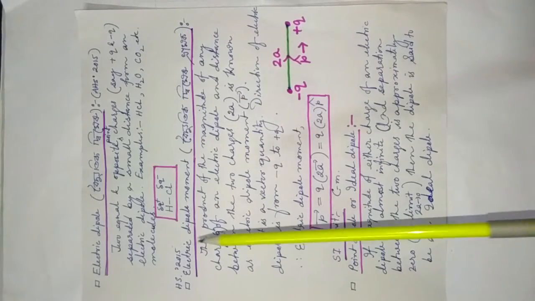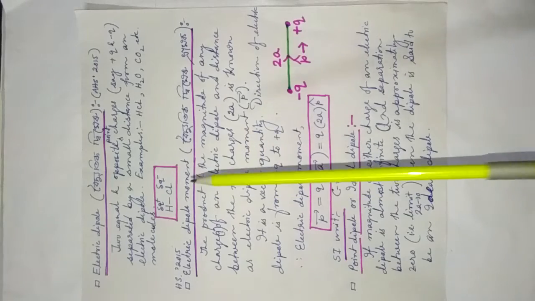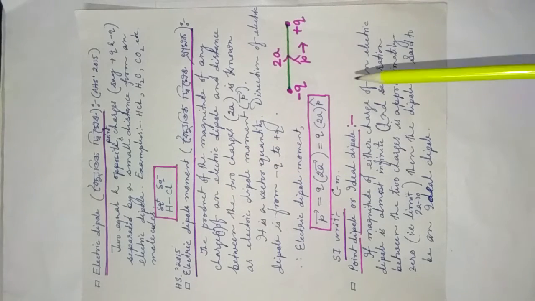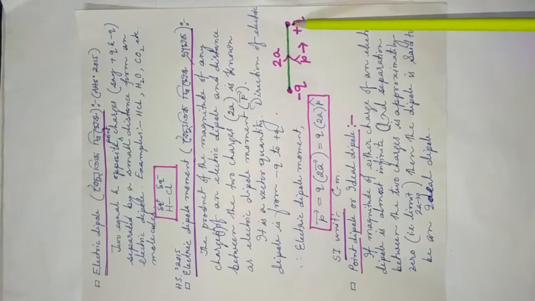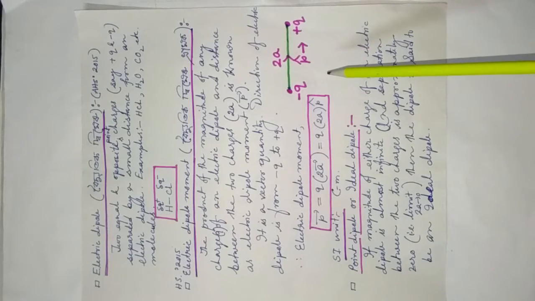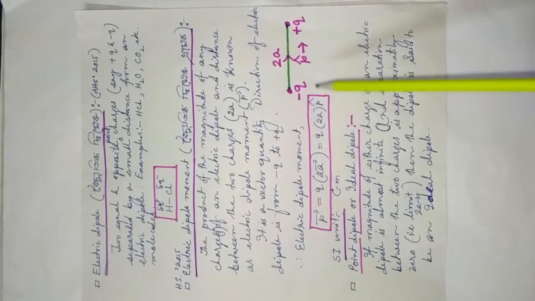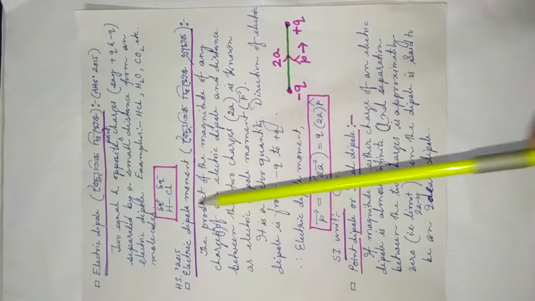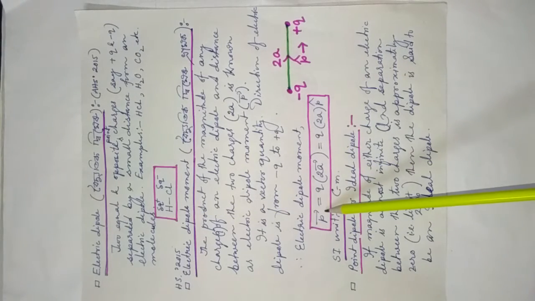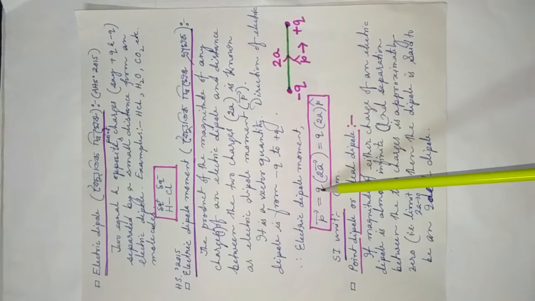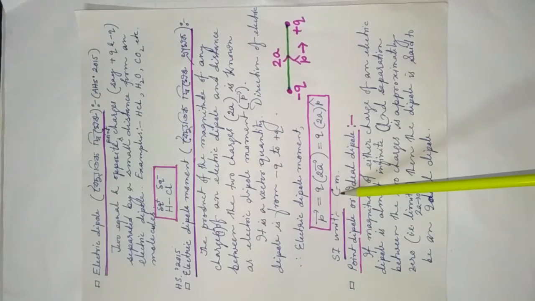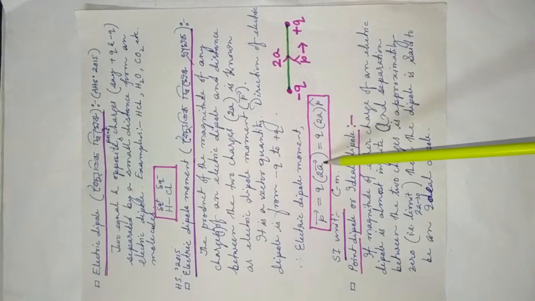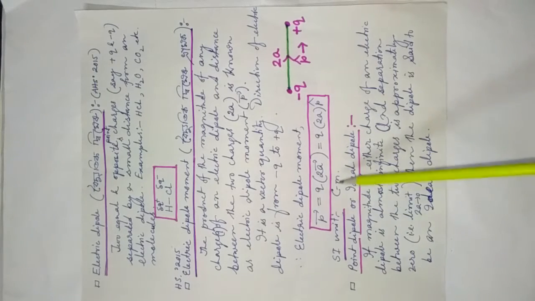The concept is very simple. Electric dipole moment is the product of the magnitude of either charge of the dipole, that means q, and the separation between the two charges. The SI unit is very simple. From the formula you can find out: for q it is coulomb, into distance, meter. This is the SI unit.